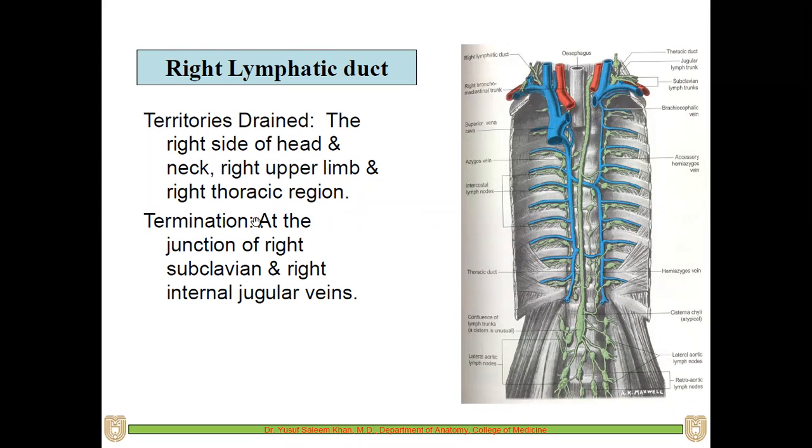This short duct terminates at the junction of the right subclavian and the right internal jugular, just like here it drains into the junction between the left subclavian and the left internal jugular. Similarly, the right lymphatic duct will drain into the junction between the right internal jugular and the right subclavian vein. So same junction, same points.